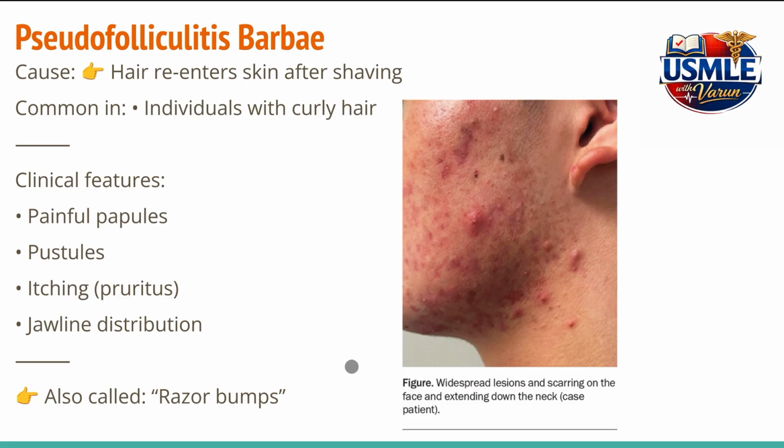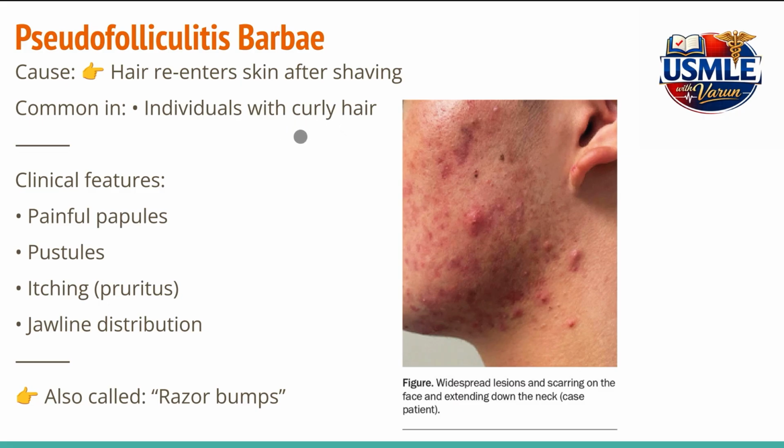Now let's start with a very practical condition, pseudofolliculitis barbae. This occurs due to the way hair grows after shaving. In individuals with curly or coarse hair, when the hair is cut, it can curve back and re-enter the skin instead of growing outwards. This can trigger an inflammatory reaction.